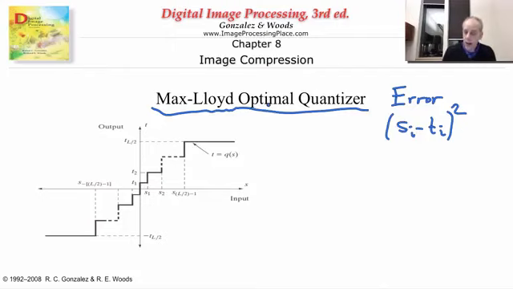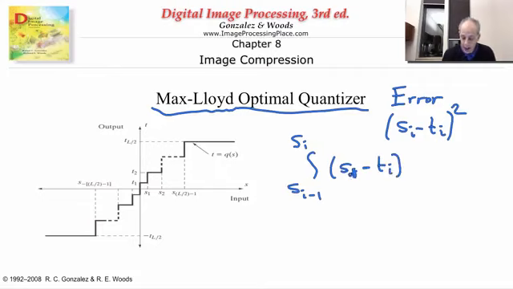You can show that what we have to do, and this is very intuitive, is ask what's the error I'm making in every interval. So you go through every one of these intervals, integrating from S sub i minus 1 to S sub i. You can show that if this is the error you care about, then you put S minus T sub i.